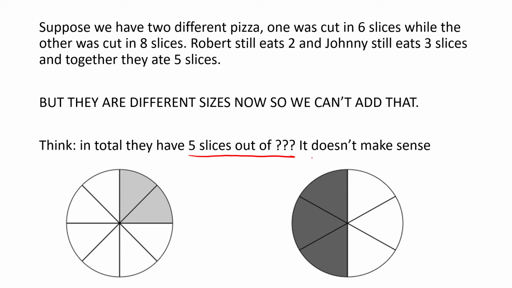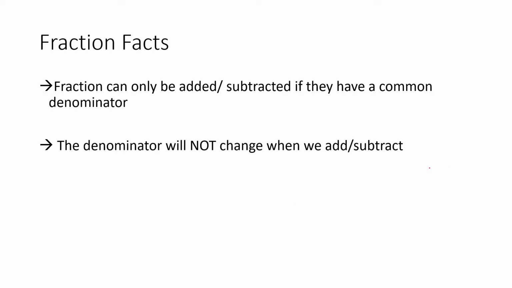This tells us a lot of things again, and we can summarize them into 2 facts. Fractions can only be added or subtracted if they have a common denominator. That means the same denominator. I know there's a lot of things to remember, however, this is the main focus.